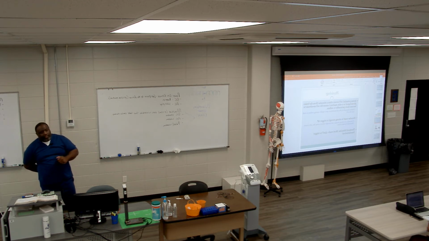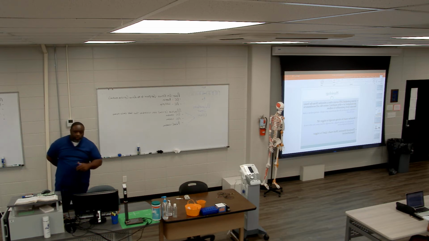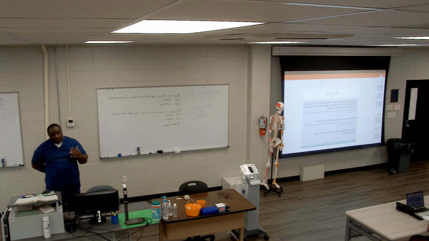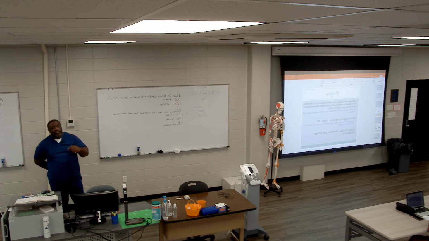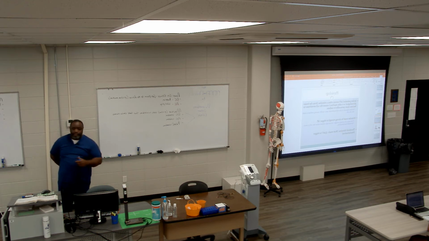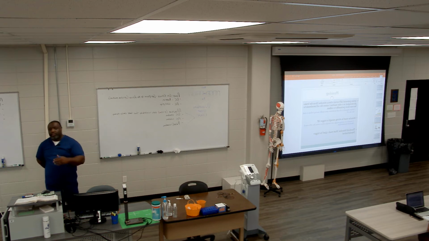So an action potential occurs when a stimulus comes, either from your brain or from an E-Stim machine. Remember, an E-Stim machine can function just like the brain. It can tell nerves to function.